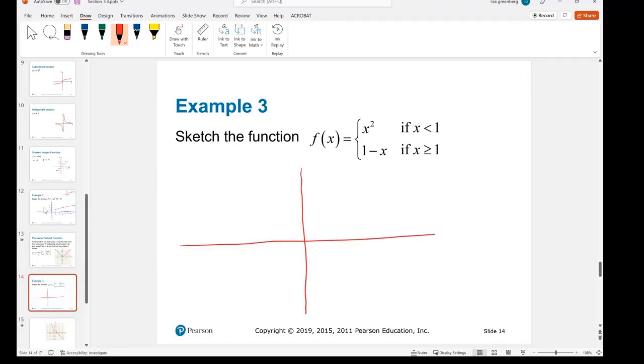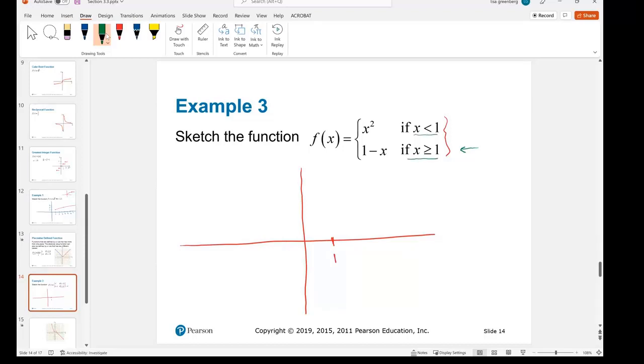So 1, as we can see from here, is going to be the dividing point of these two pieces, right? So I want to know, for example, when x is 1, which one of these am I choosing? Well, I'm going to have to choose this one because this includes 1 and this does not include 1.